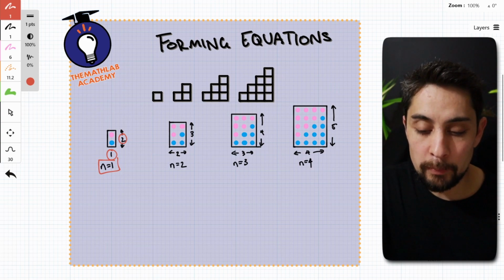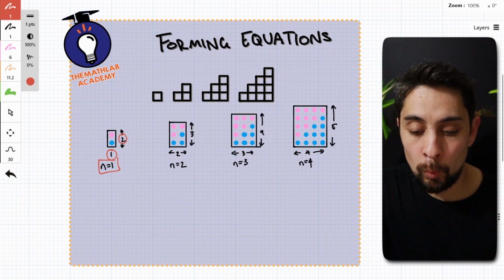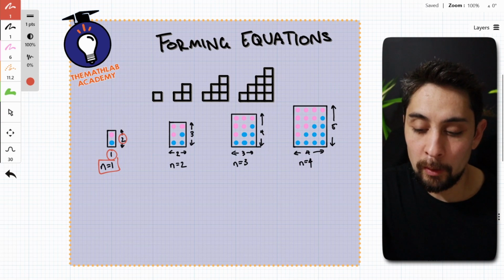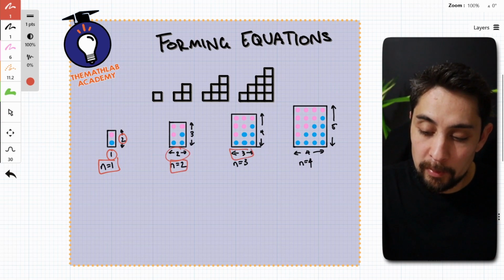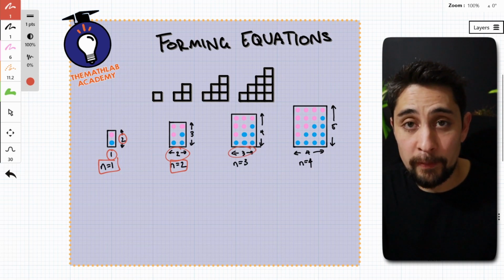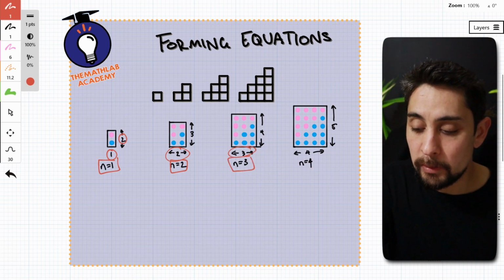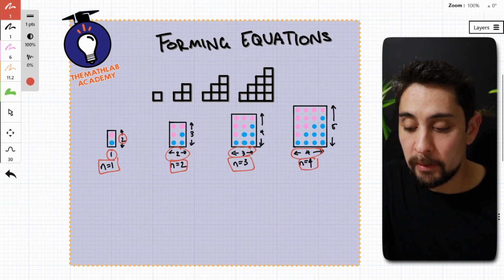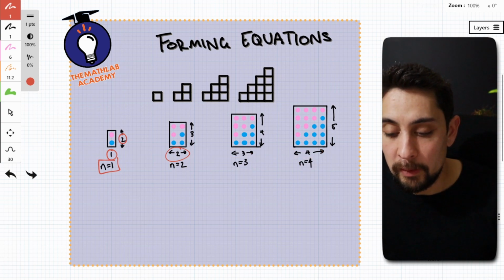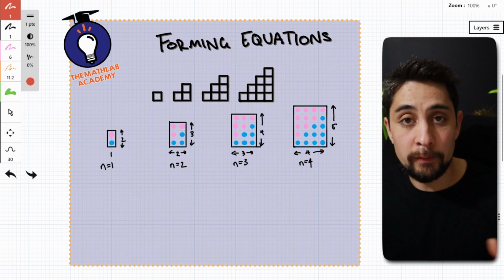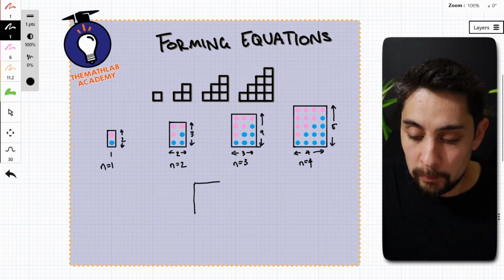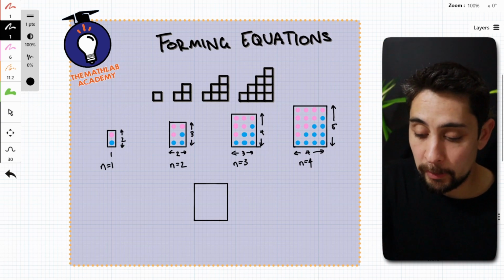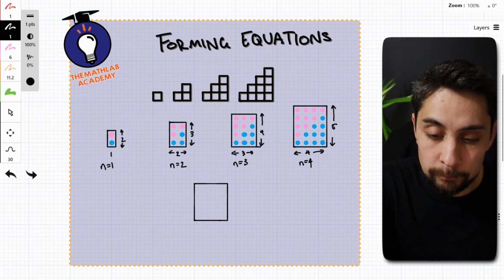This number on the bottom is the number in the sequence: 1 is 1. On the bottom here, this number 2 is the number in the sequence. The number 3 is how far across it is, and 4 across is the number in the sequence. So if we had an arbitrary number of dots, let's just draw out an arbitrary rectangle. And this rectangle would be n across.